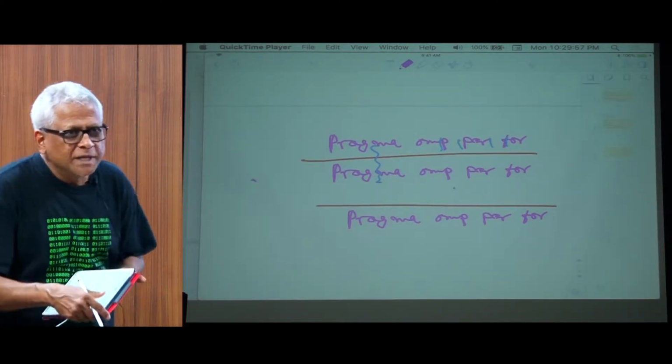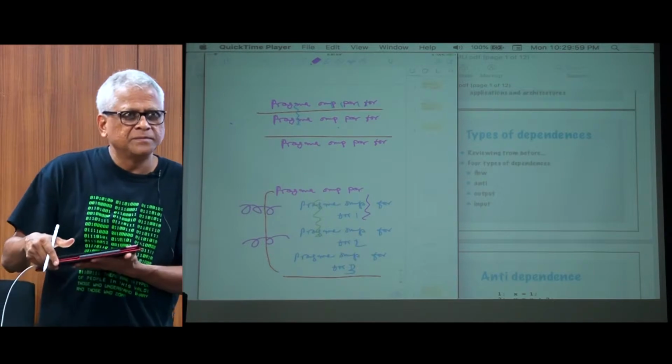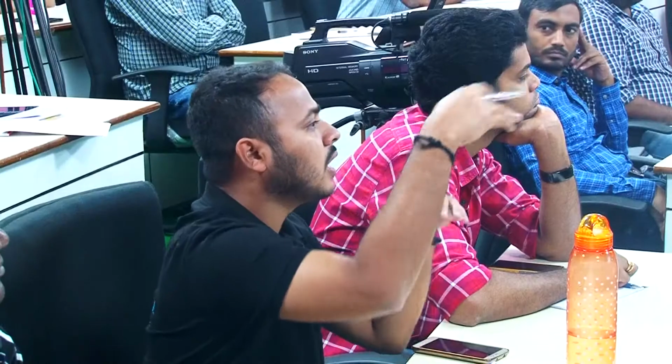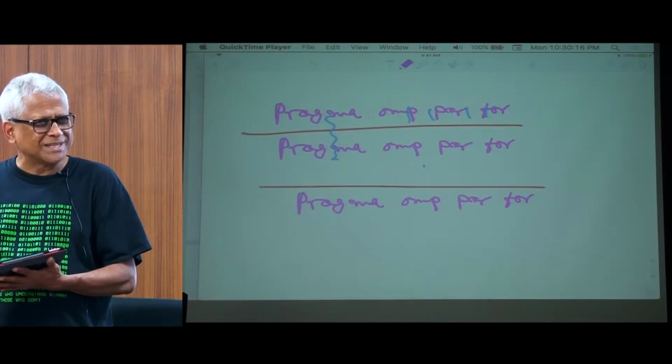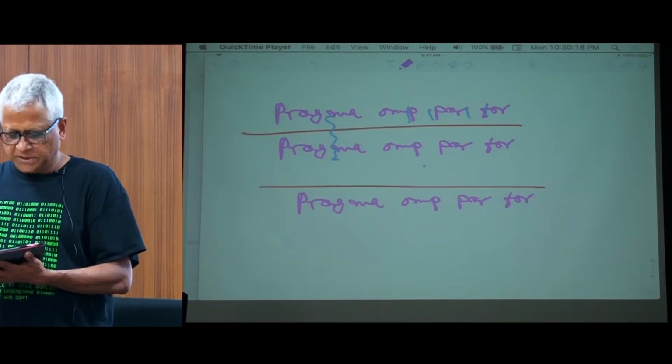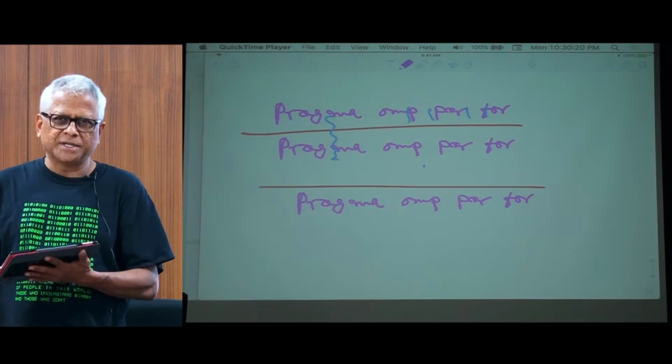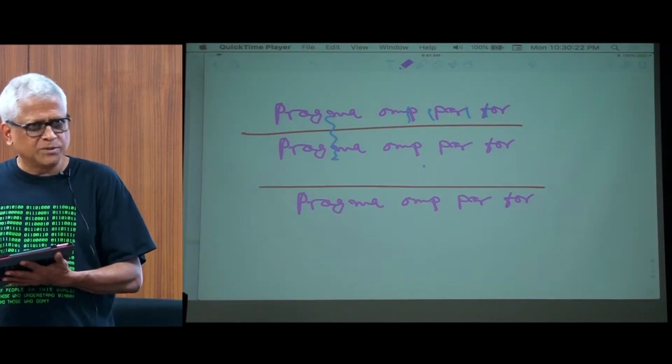So when you run the pragma for loop, how many threads will it allocate? It basically depends on the number of threads you have requested from the system. I'm going to show some details. But the system may not be kind enough to grant you all the threads. You can set a number of threads and say 200, but the system may give you only 20.